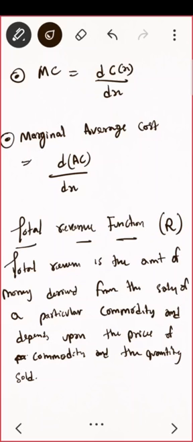That is, your total will be your demand, whatever the demand is, and what is your price.